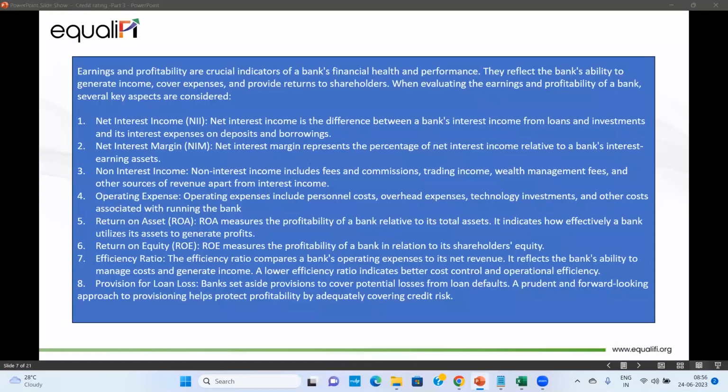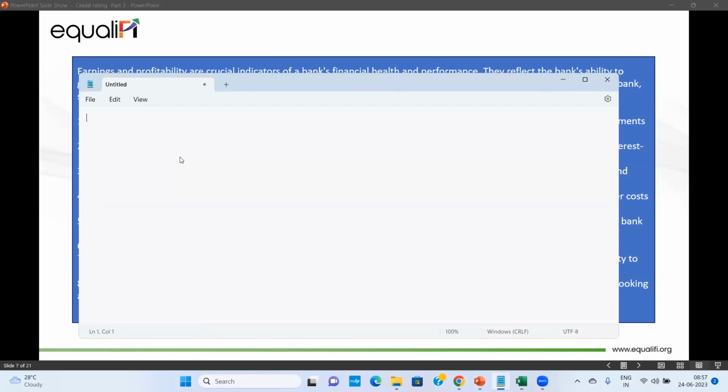That this is my net interest income in percentage. Now, how is that? Say I have a total portfolio size of 5,000 CR, and my net interest income is 100 CR.